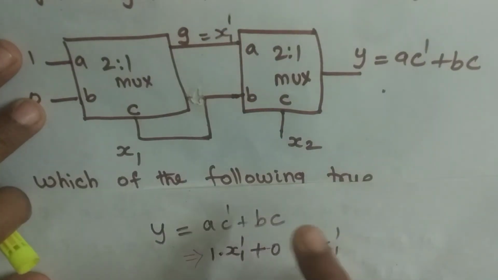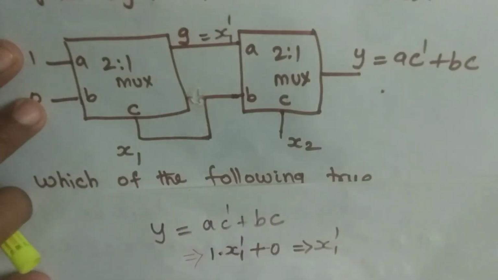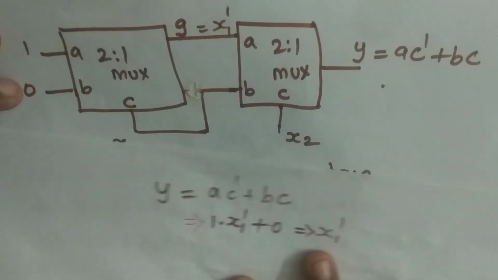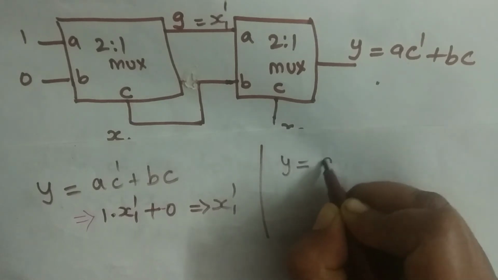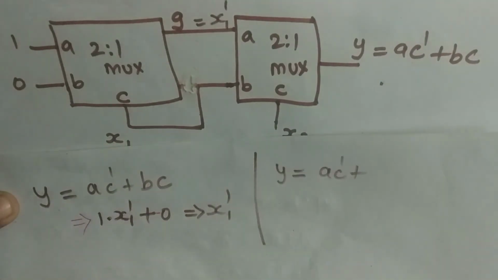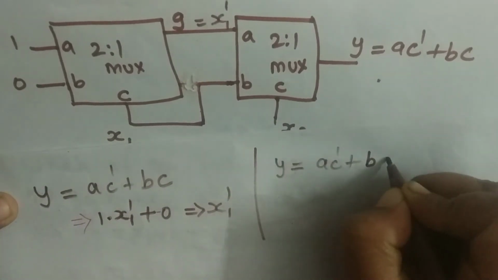Then we have to apply the same for the second mux. We see y equal to AC dash plus BC.